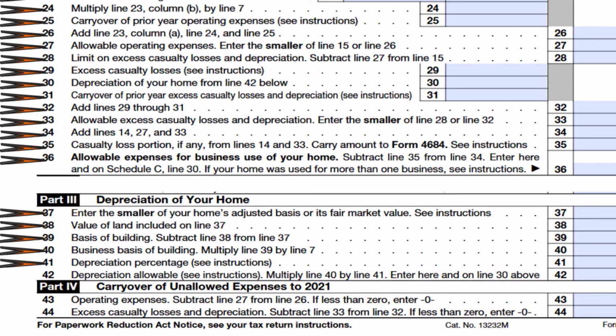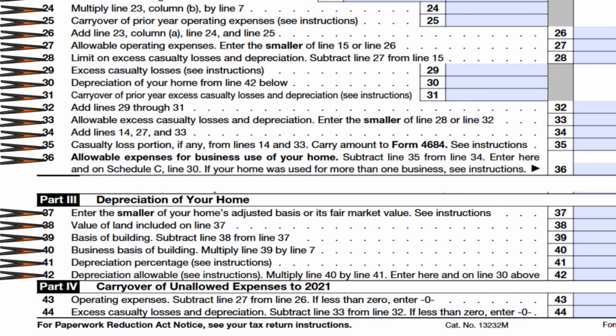Line 41, depreciation percentage. This will change depending on the date you began doing business at home. And line 42, depreciation allowable.